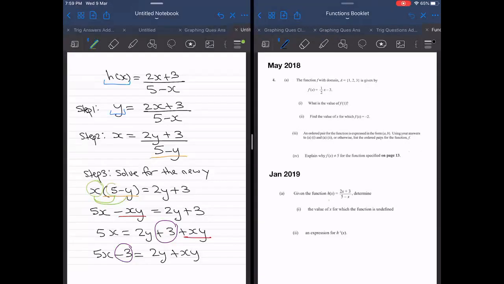Right, so the x times 5 is how I got 5x, and the x times minus y is how I got minus xy. I then want to bring the y's to one side. So I bring that minus xy over to the next side, it becomes plus.